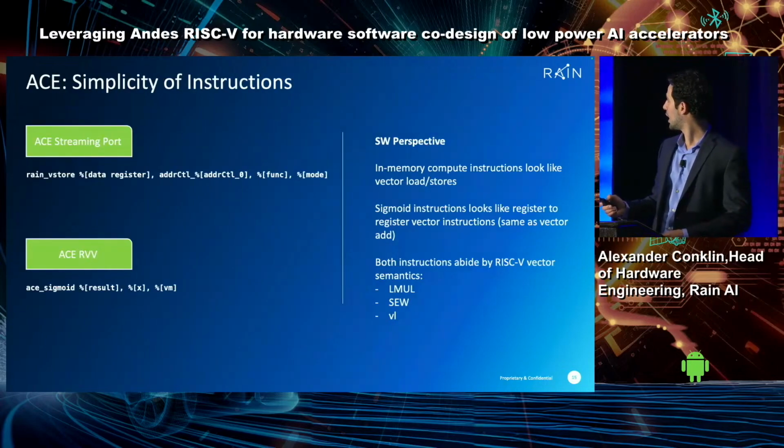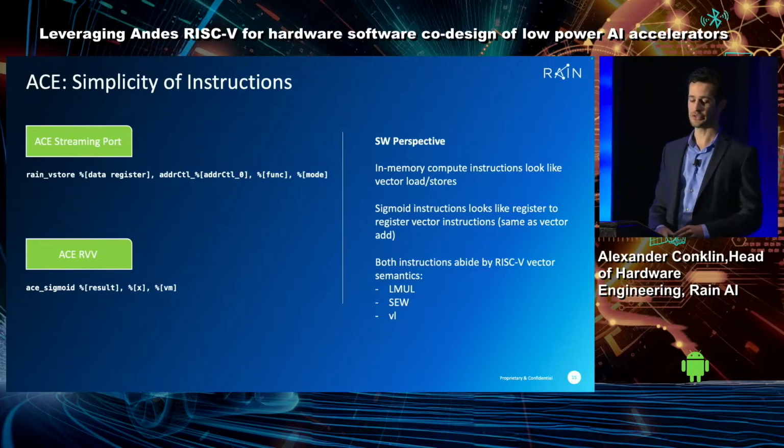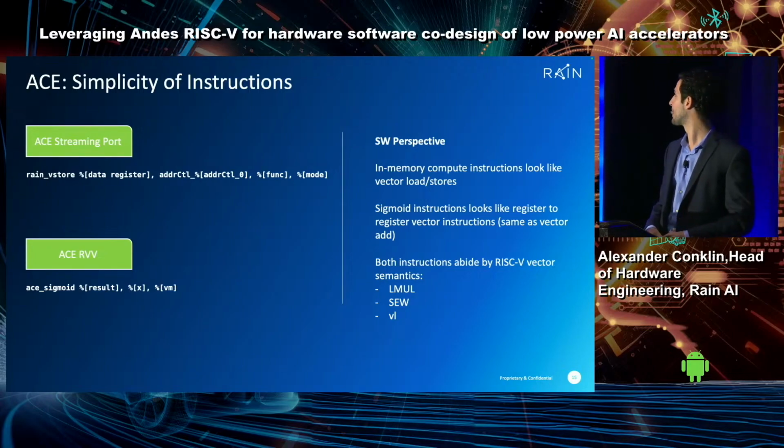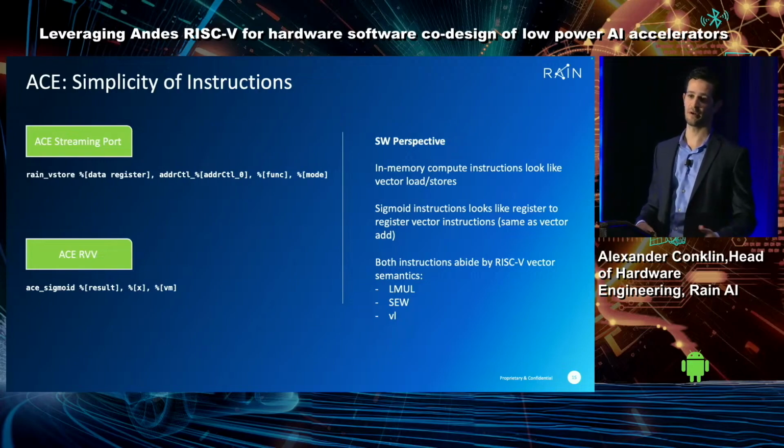So I want to use this slide to highlight the simplicity of the instructions. And what I show is two instructions. One is on controlling our matrix units, our in-memory compute. And from a software perspective, these look like vector load store instructions. And this makes it really easy to program a plurality of these. And because we've added that second load store unit, we have a lot of bandwidth.